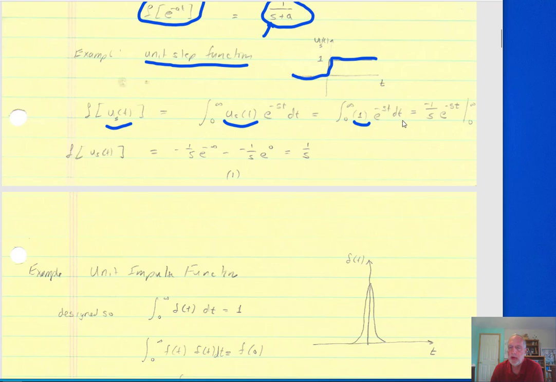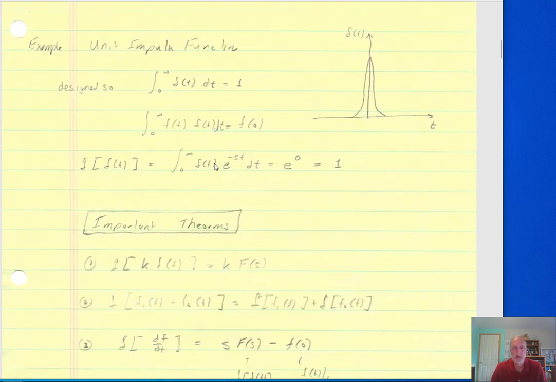So integrating e to the minus st, you get minus 1 over s, e to the minus st, evaluated at the limits, and the e to the minus infinity goes away, e to the 0 gives 1, and we end up with 1 over s. So the unit step turns into 1 over s.